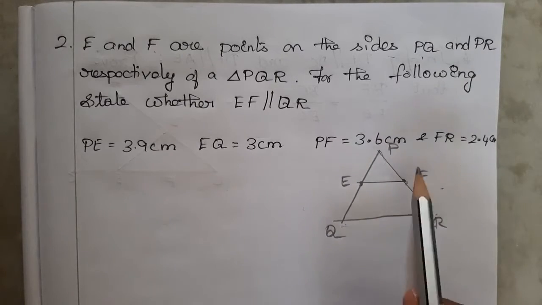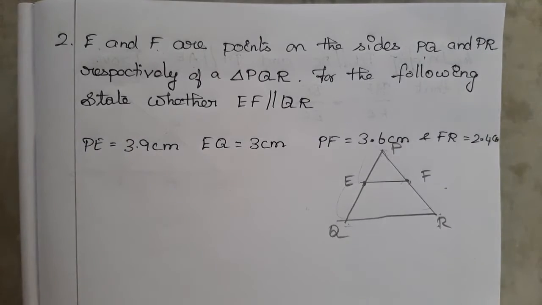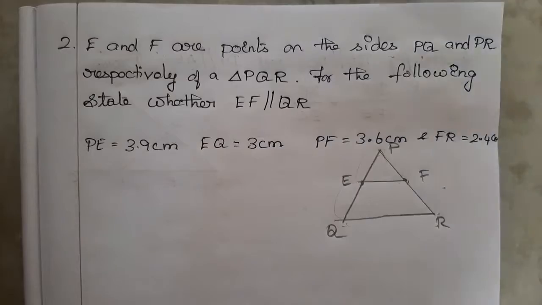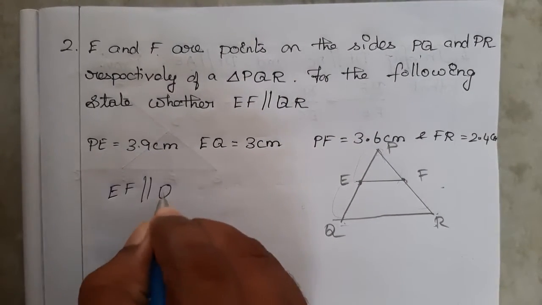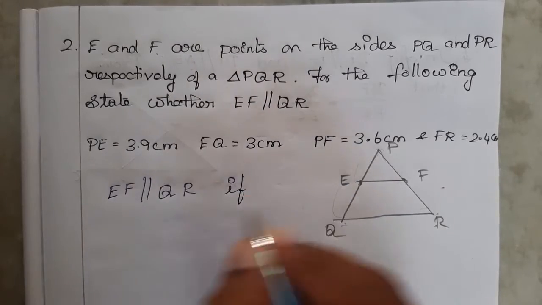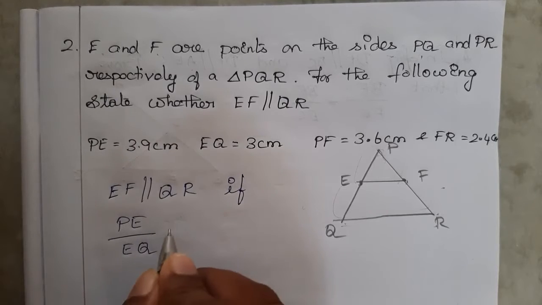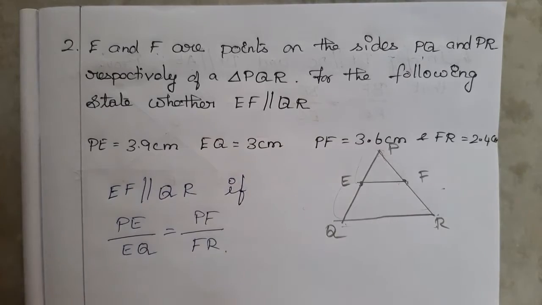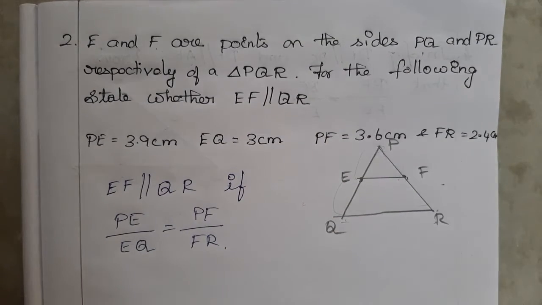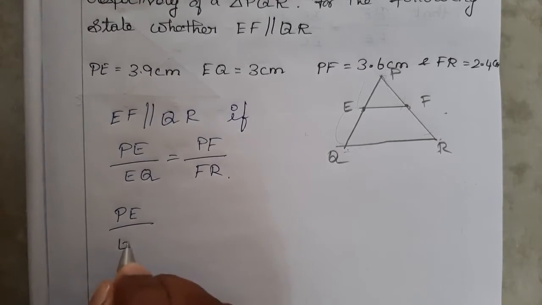If it is parallel, then the ratios of these sides are equal, right? So EF is parallel to QR if PE divided by EQ is equal to PF divided by FR. This is what we have learned in the BPT, right? So what is PE by EQ?